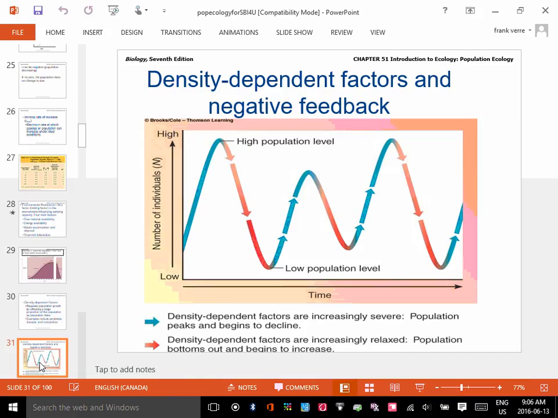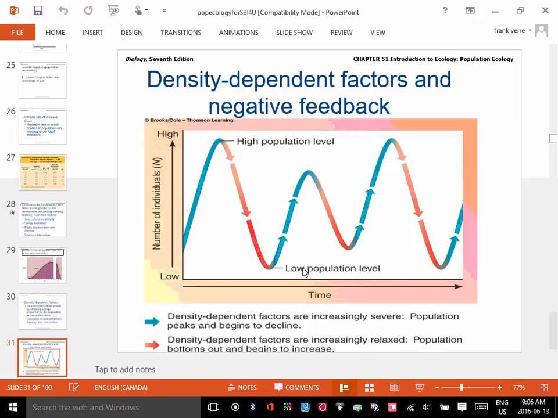I can imagine that maybe if there's not enough food, but there's only a few people in the area, that might not be as big an issue, okay? Because when you look at a factor, if the density of the population affects the factor in any way, that would be considered a density-dependent factor.